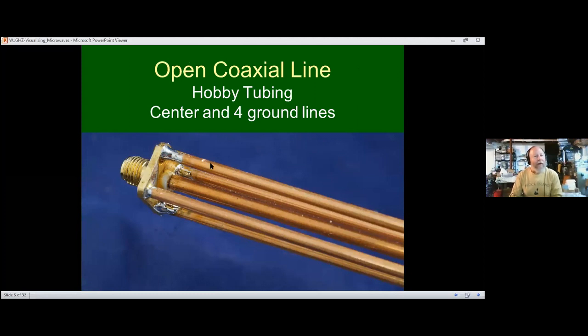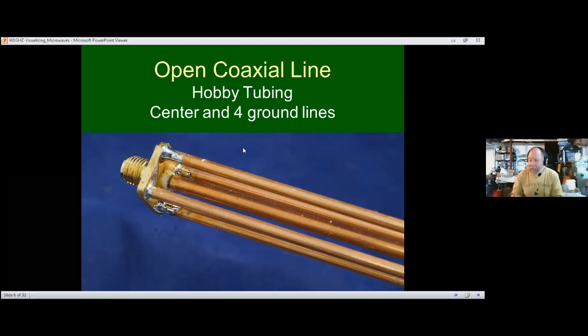We call them ground, but ground is a relative thing, especially at microwaves. Looking at the 4 outer conductors, you can see the evolution from a parallel open wire line to the coax, just adding a few more lines around it.